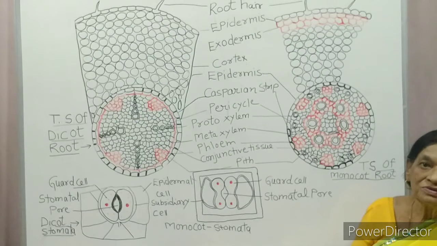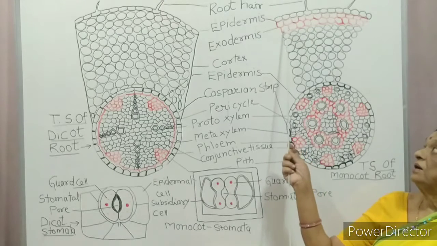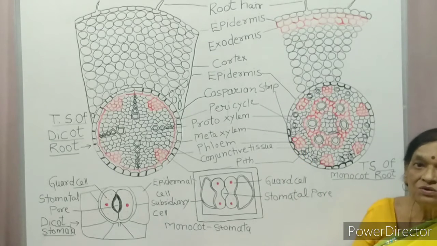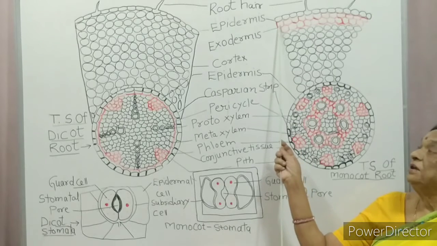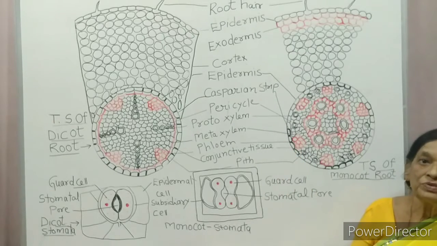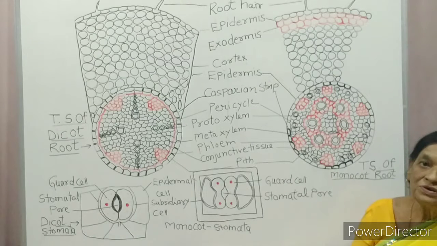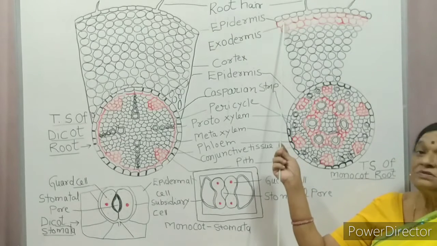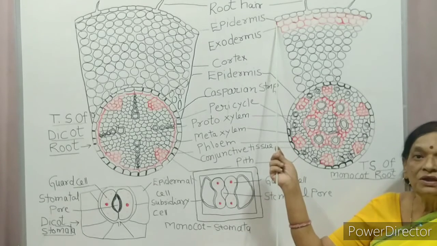Whenever you draw sclerenchyma cells, they are either pentagonal or hexagonal, and draw complete cells like this. Sclerenchyma are always double layered. You have studied that one layer is of cellulose and the second layer is formed afterwards, which is made up of lignin. So this is sclerenchyma for mechanical strength.